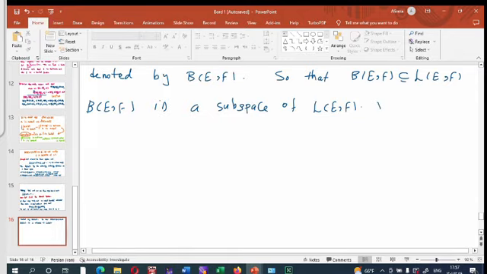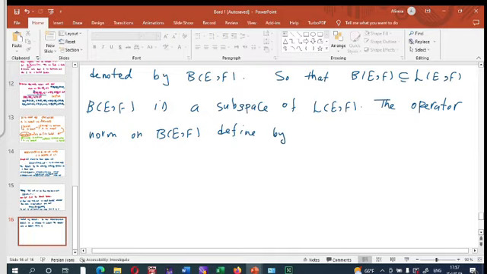The operator norm on this space is defined by the norm of T equal to the supremum of the norms of Tx such that x belongs to E and the norm of x is less than or equal to 1.